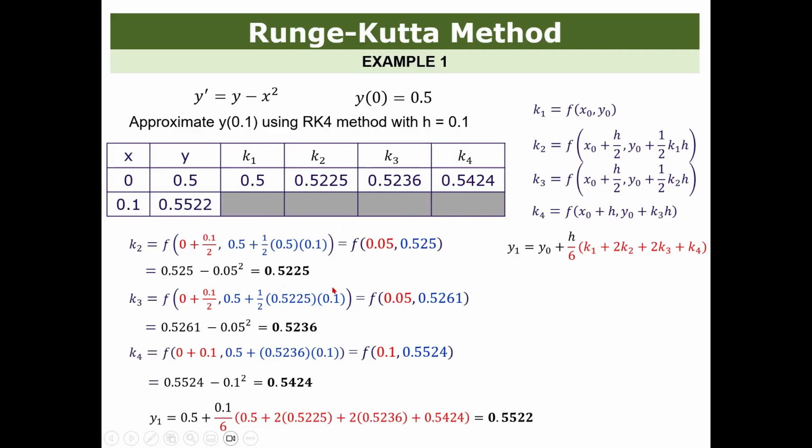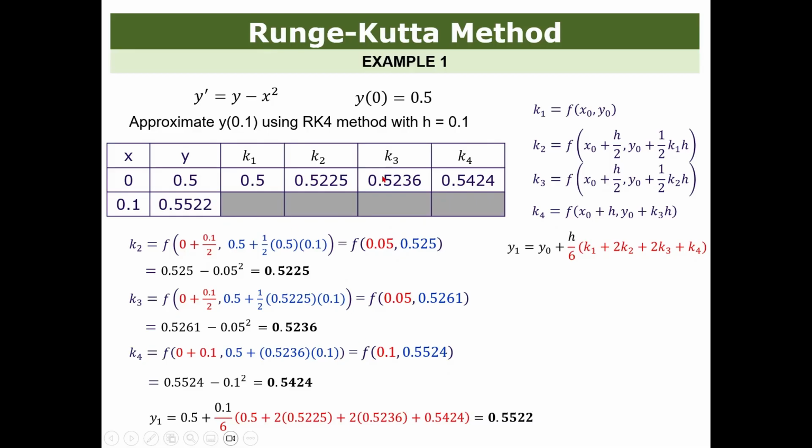Each of the Ks has its own formula. This formula will be given to you during the final exam and test. After you get the K1, K2, K3, and K4 values, you can use the final formula, the RK formula, which is this one, to find the value of the y approximation, and you will get 0.5522.